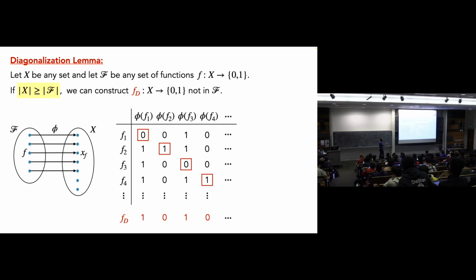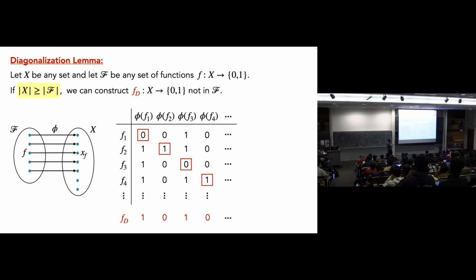Now, when the cardinality of curly F and curly X, let's say, are finite, or countably infinite, I can draw a table. I can visualize this diagonalization with a nice table like this. But I want to highlight the fact that this lemma works even when X is uncountable and curly F is uncountable.